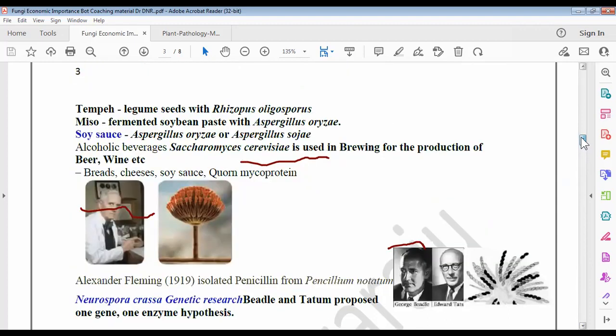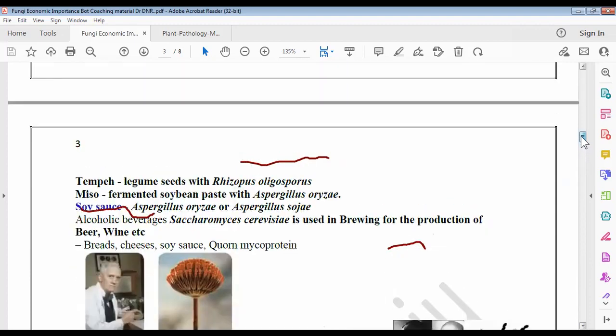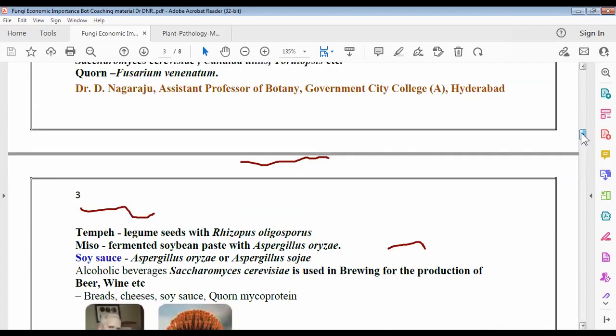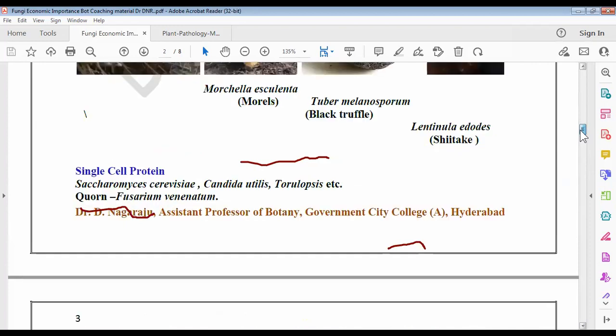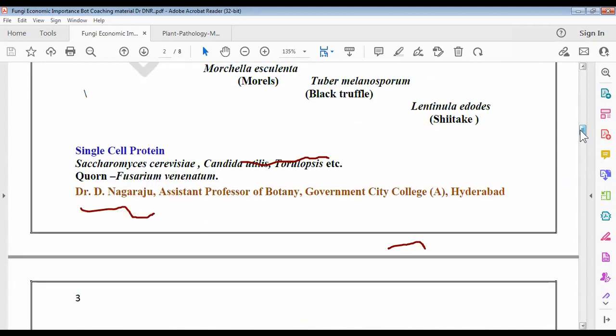These are so many important points. Okay. SCP, single cell protein, which fungi do we use in the single cell protein? You know, SCP: algae, fungi, bacteria, we use for single cell protein.